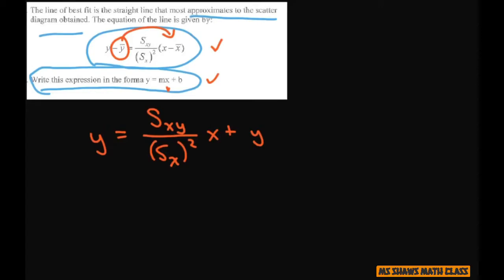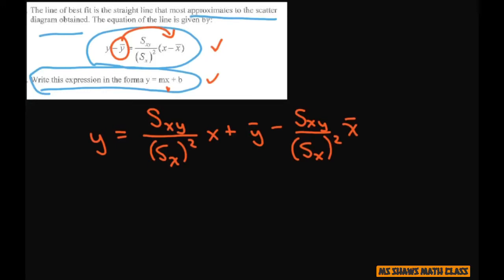So the way we're going to rewrite it in this form is y equals s sub xy divided by s sub x squared, and then plug in your x, because that's your slope, so x plus, we're bringing this guy over to this side, so that's going to be the mean of y minus s sub xy divided by s sub x squared times the mean of x.